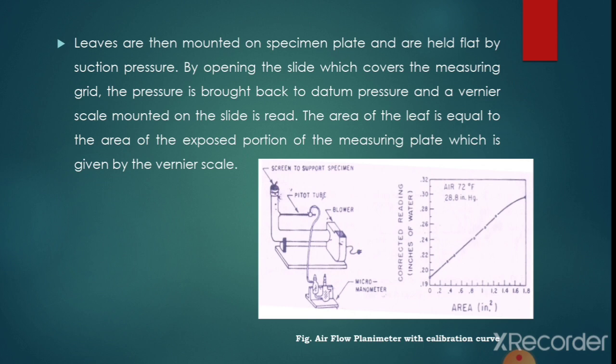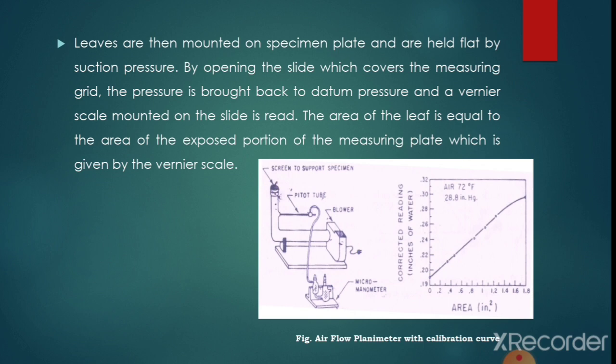Because it holds the specimen, the leaf of which the surface area is to be determined, and these leaves are held flat by suction pressure. Then we open the slide which covers the measuring grid. The pressure is brought back to the datum pressure and a vernier scale mounted on the slide is read.